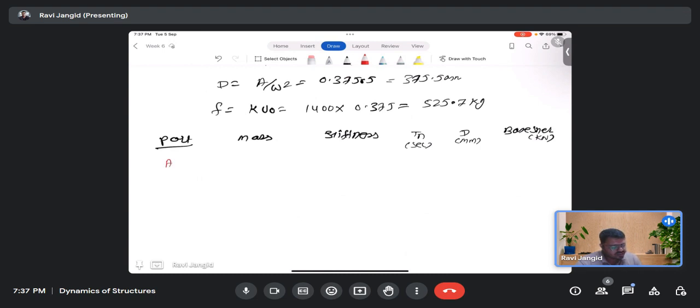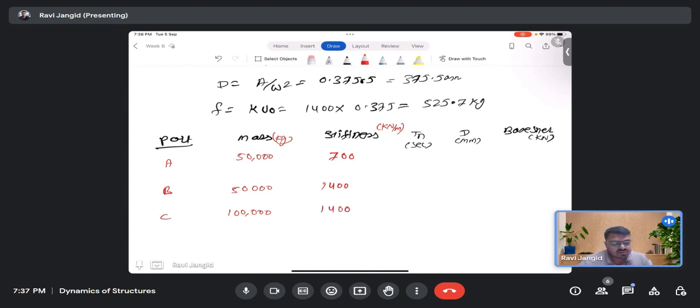Okay, so in A, B, C. In A, my mass was 50,000. In B also my mass was 50,000. In C my mass became 100,000. In this my stiffness was 700. In this it becomes 1400. In which it becomes 1400.